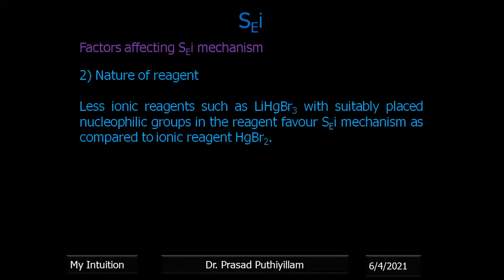Less ionic reagents such as LiHgBr3, with suitably placed nucleophilic groups in the reagent, favor the SEI mechanism. We've already seen in the previous video that it is an electrophile with a suitably placed nucleophile assisting the internal rearrangement mechanism.